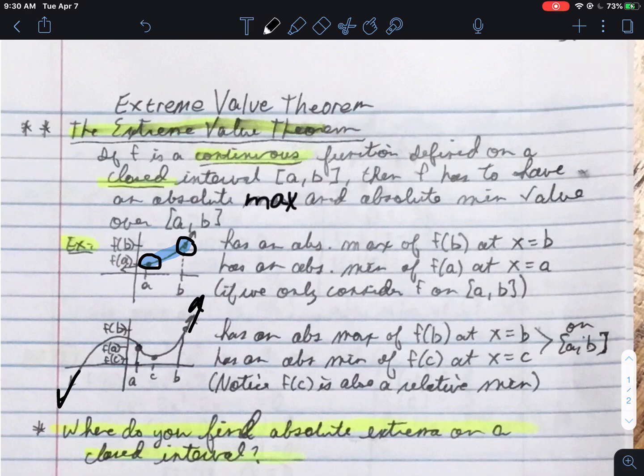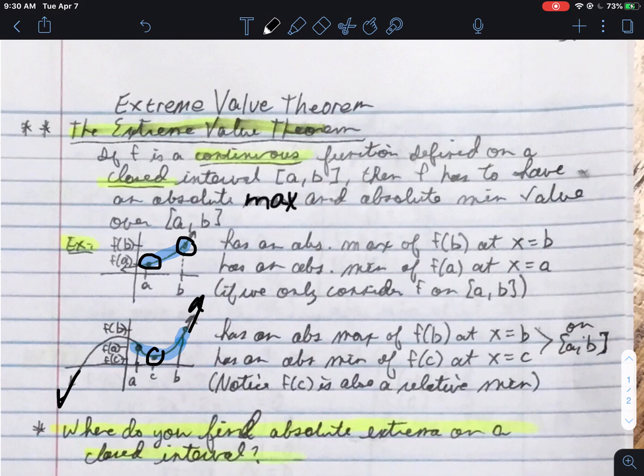But if we only consider a portion of the graph, say between a and b, then this function does attain an absolute maximum value at b, and that value would be f of b, whatever that y value is. Now notice it also does achieve an absolute minimum, but that absolute minimum is located at c. So f of c is the absolute minimum value of that function, located at x equals c.